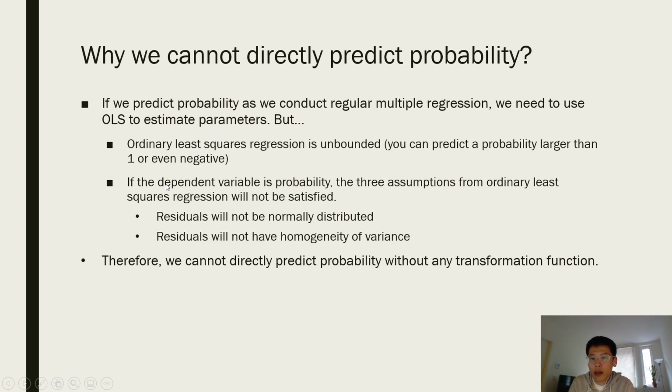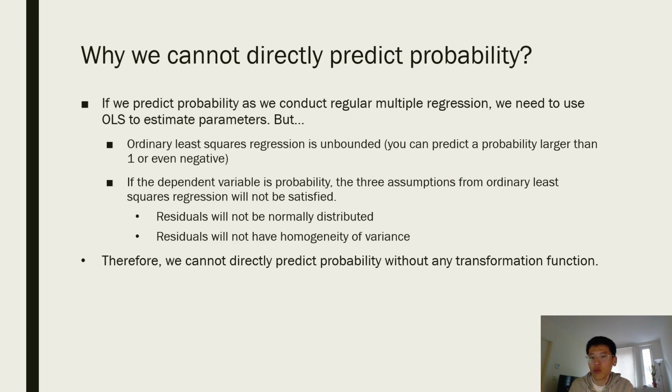And if the dependent variable is probability, three assumptions of ordinary least squares will not be satisfied. The residual will not be normally distributed, and the residual will not have homogeneity of variance. This is something we don't want, because our residual is violating the assumptions necessary for regular ordinary least squares regression.